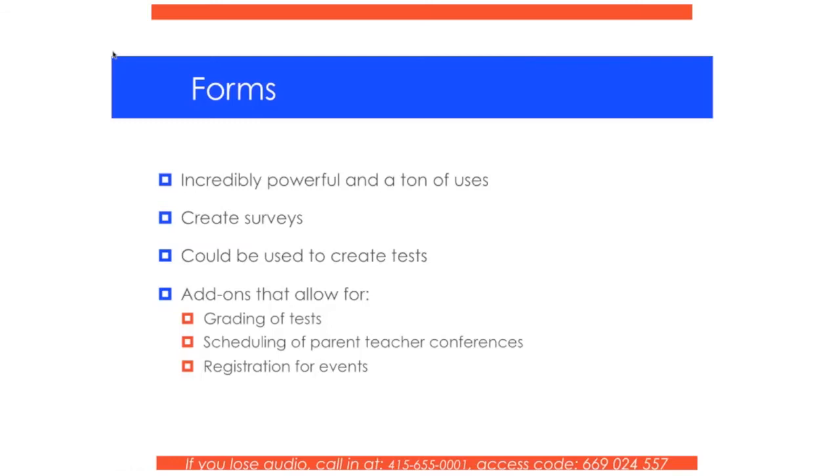So I created a Google form that had all of the times available to meet for a parent-teacher conference. When a parent would select a time and hit submit, it would automatically take that time away from the options. So the next parent that visited that form would only see the available times that I had available.